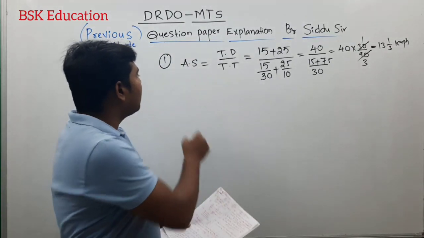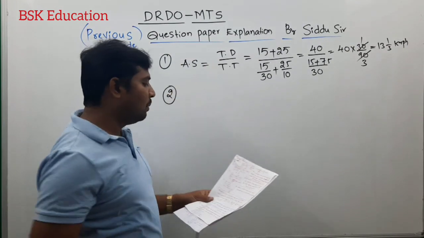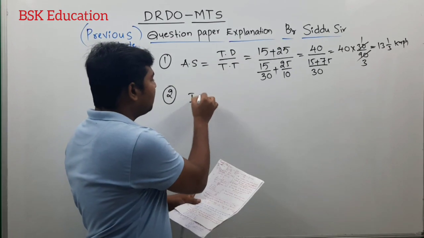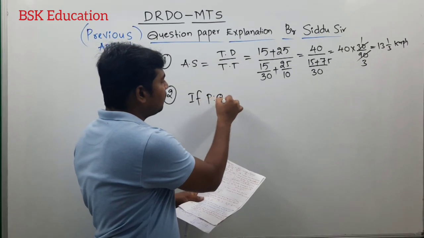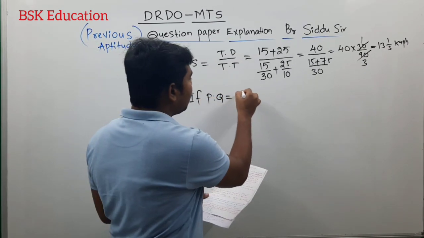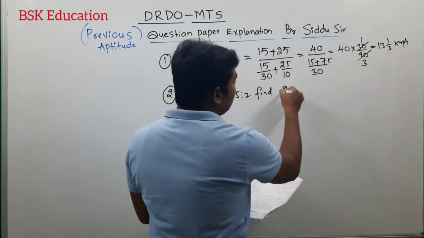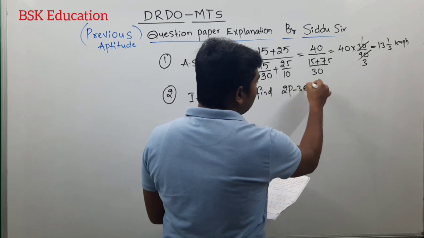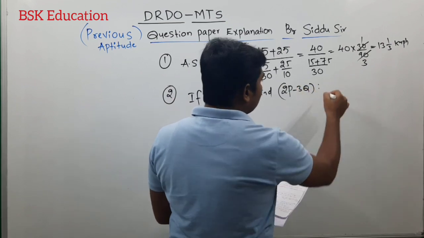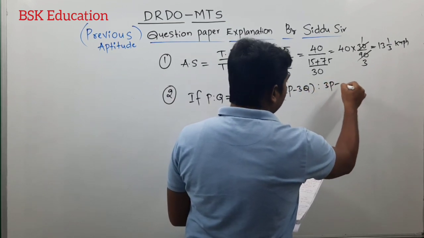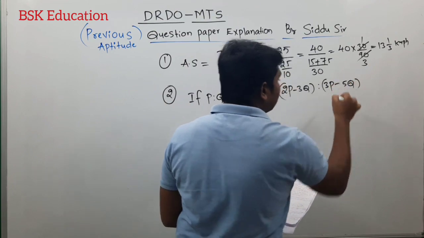Second question, guys, simple. If P is to Q is equal to 5 is to 2, then find 2P minus 3Q is to 3P minus 5Q.